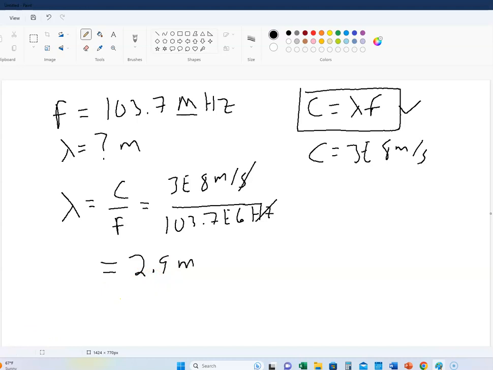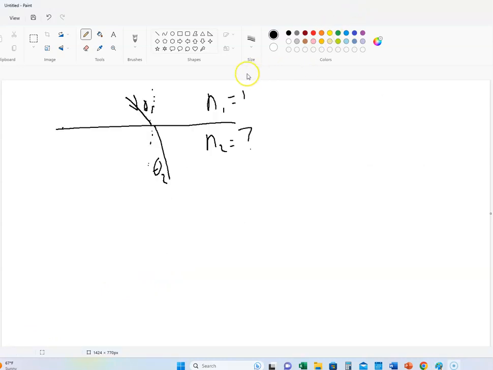Let's do another example. Let's do another Snell's law. You have a beam of light coming in. This dotted line, I didn't draw it very well, represents the normal to the surface, and this is supposed to be theta 1.